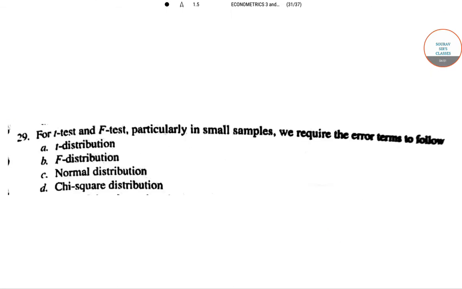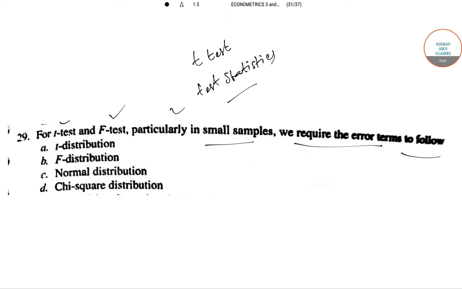Question number 21 is for t-test and f-test, particularly in a small sample, we require the error terms to follow: t distribution, f distribution, normal distribution, and chi-square distribution. So for the t-test, the test statistic is normal distribution divided by the chi-square distribution with the degrees of freedom.